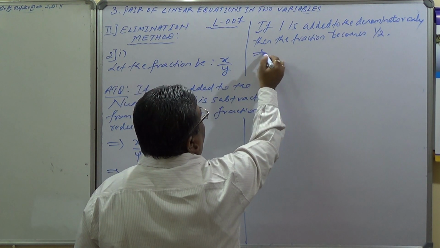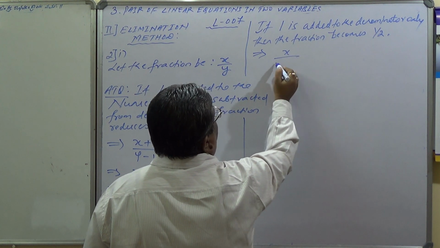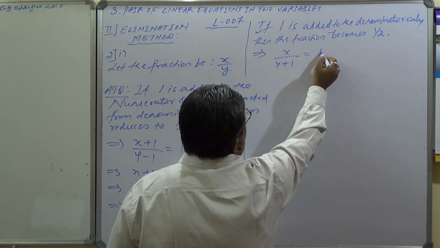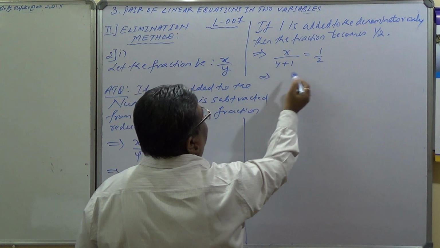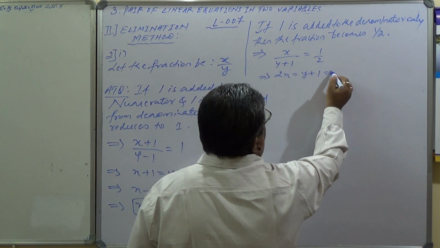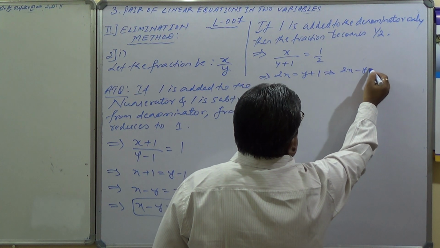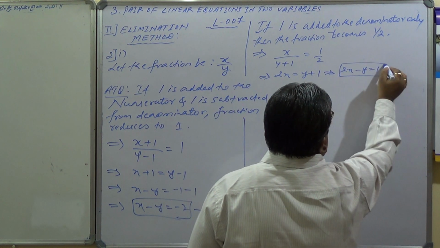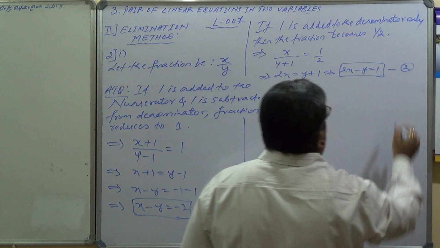Implies x divided by y plus 1 equals half. Implies 2x is equal to y plus 1. Implies 2x minus y equals 1. Tag this as equation number 2.